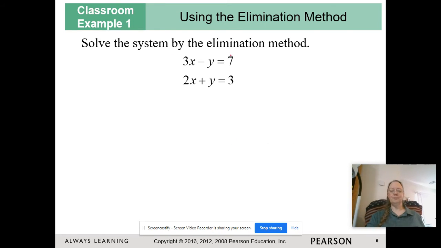All right, so here we go. The elimination method actually has many different names. And it really just depends on the textbook you happen to be using. I teach college classes, and one of the textbooks that I use for my college class, they call it the addition method.